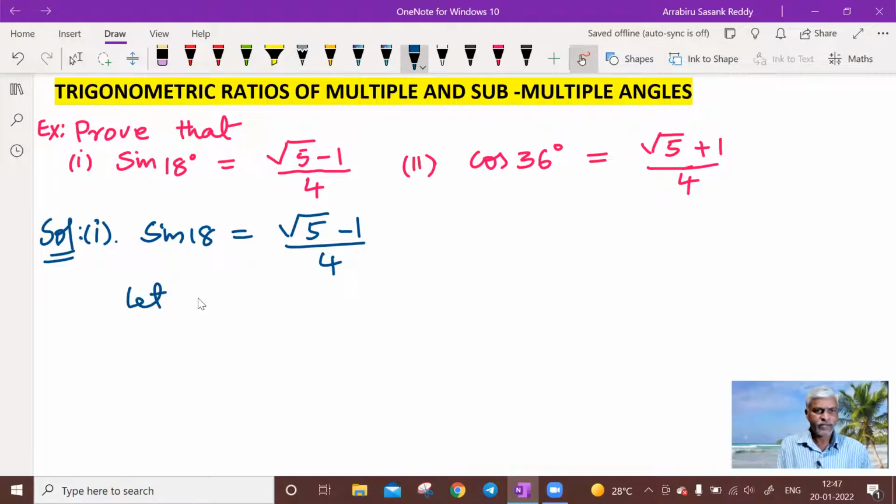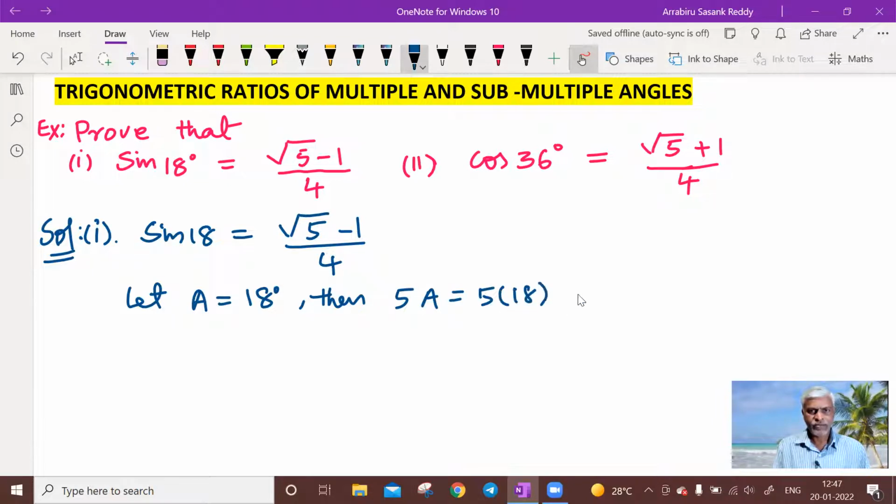Let A is equal to 18 degrees. Then 5A, 5 into 18, that is 90 degrees.